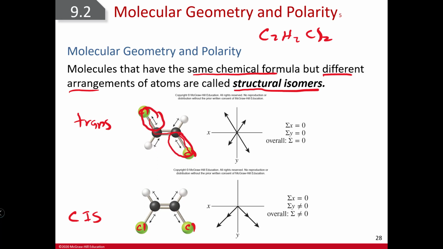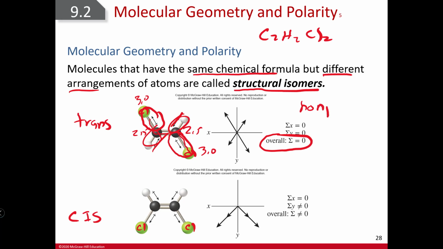The difference is 3.0 here, 2.5 for the carbon. Same thing here, 2.5 for this carbon and 3.0 for the electronegativity of the chlorine. So those forces cancel each other out, and these forces cancel each other out. They're going towards each other, they cancel each other out. And so overall, this is a nonpolar molecule.